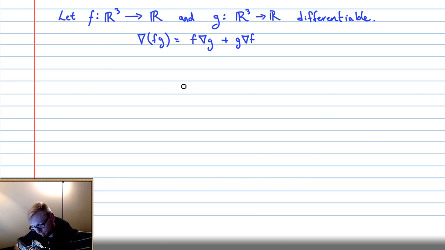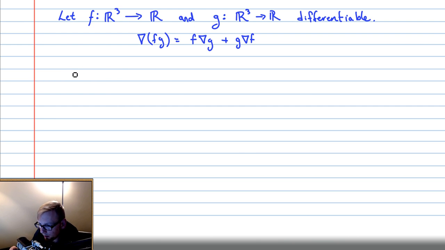Now, let's see. I was looking for a theorem. So the theorem in the product rule states that we have these same kind of differentiable functions, but they're 1 by n matrices. Okay.